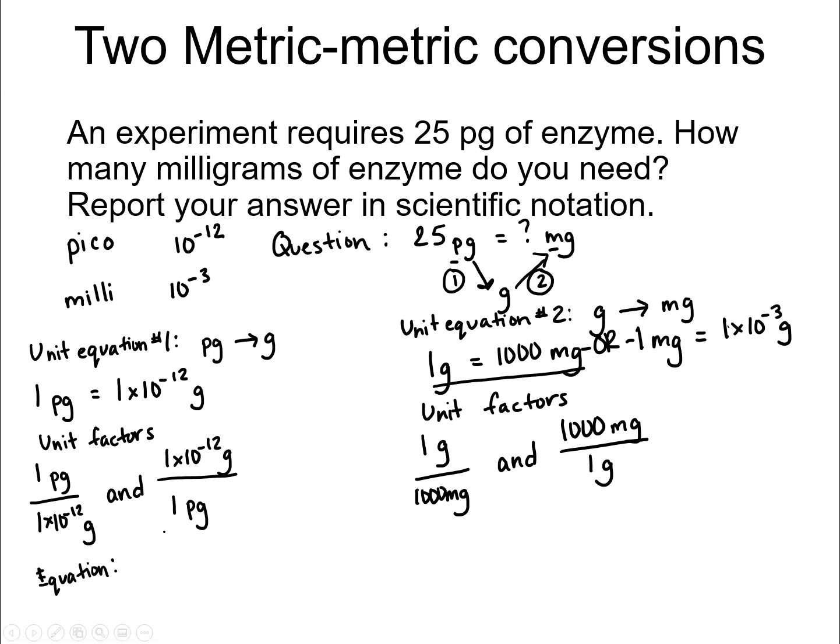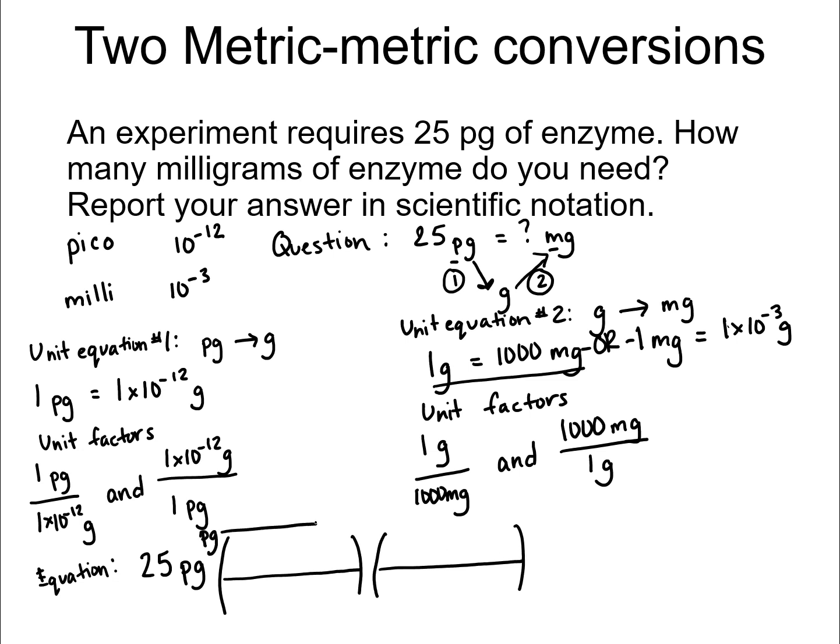Now we've got to do the equation. We've got 25 picograms. And we're going from picograms to grams to milligrams. To go from picograms to grams, which unit factor am I choosing, A or B?